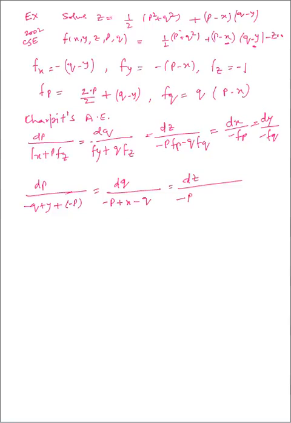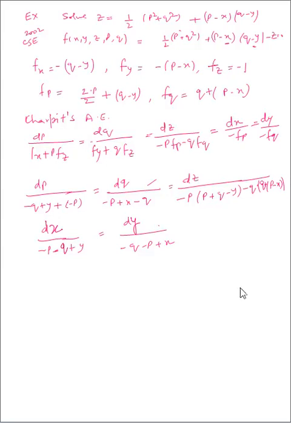fp is p plus q minus y, minus q into fq. fq is q into p minus x. Once we have put these in Charpit's auxiliary equation, this is the form.